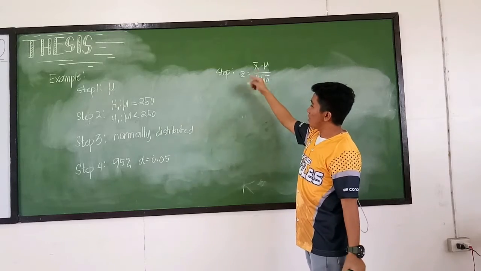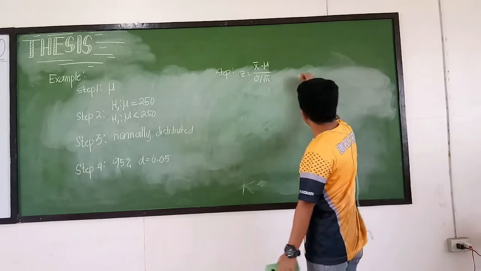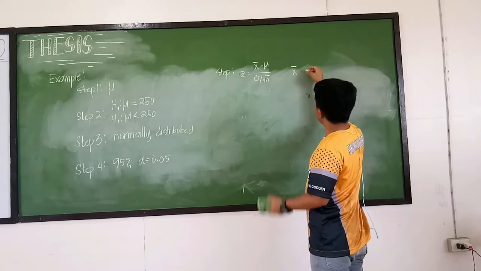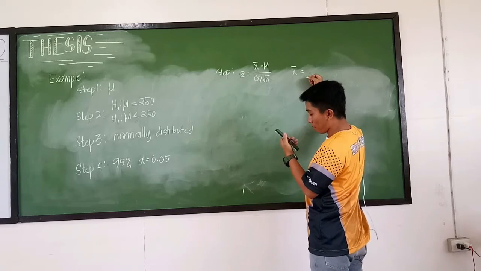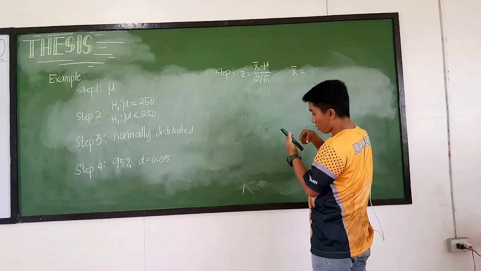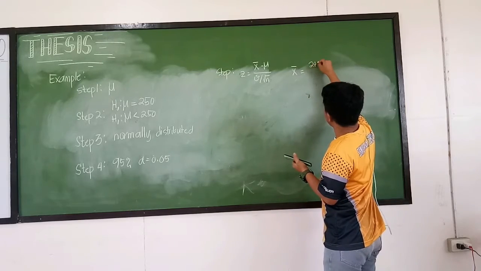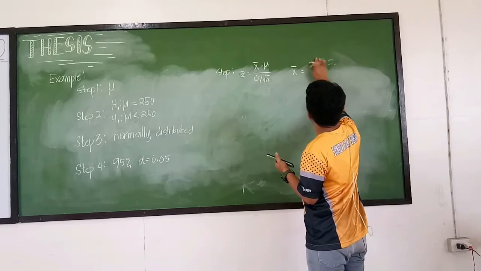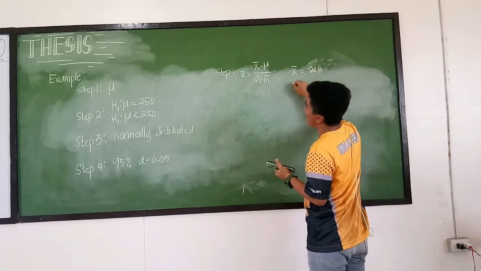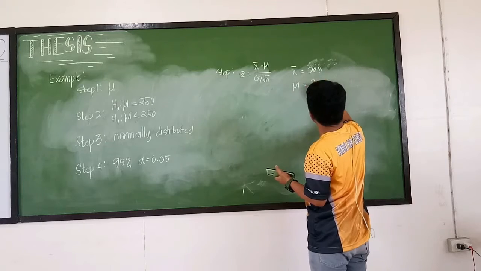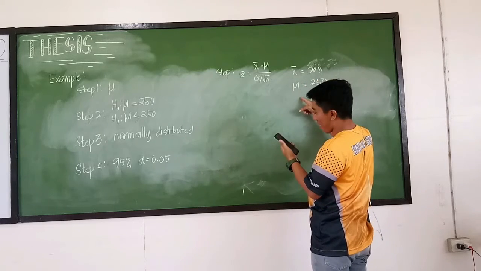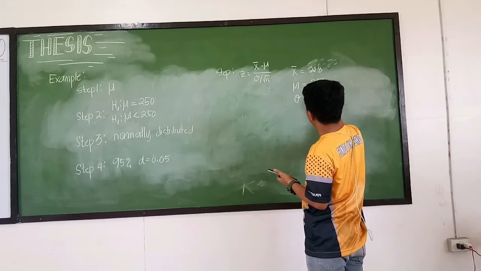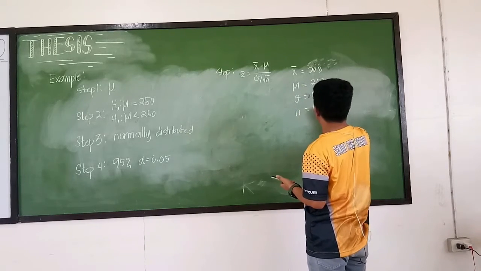All of these are given from the problem. So the sample mean is 248, and the population mean is 250. Next is the standard deviation, which is 5, and n is equal to 100.